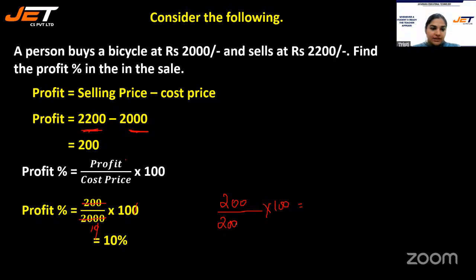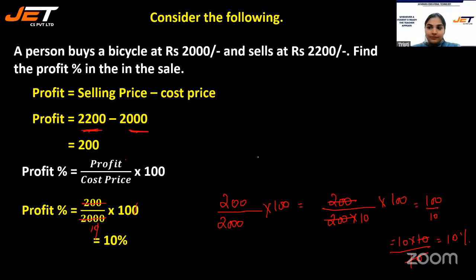I'll write 200 like that only. In the denominator, I'll write 200 times 10 and here times 100. So 200, 200 cancel. This will be 100 by 10. So you can write 100 as 10 times 10. In the denominator, it's 10, 10, 10 cancel. 10% is the answer.